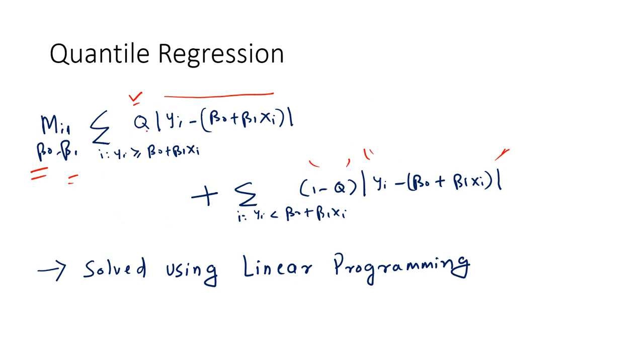This Q is the penalty term, let's say used for penalizing the 25th percentile. So 1 minus q would penalize for the rest. If it is 25, the rest will be the 75th percentile on the other side, and that's exactly why it is 1 minus q.